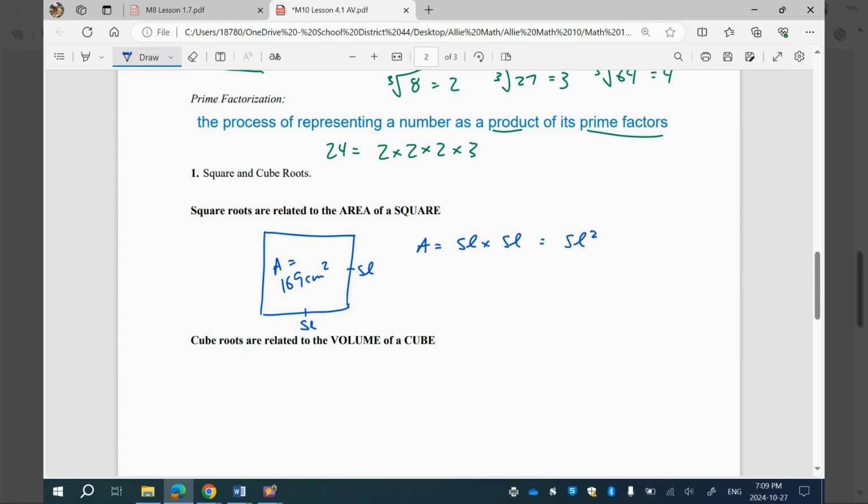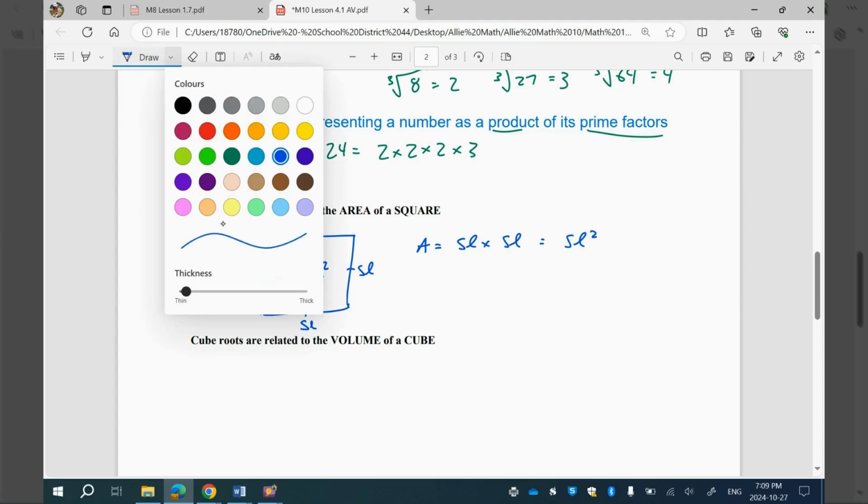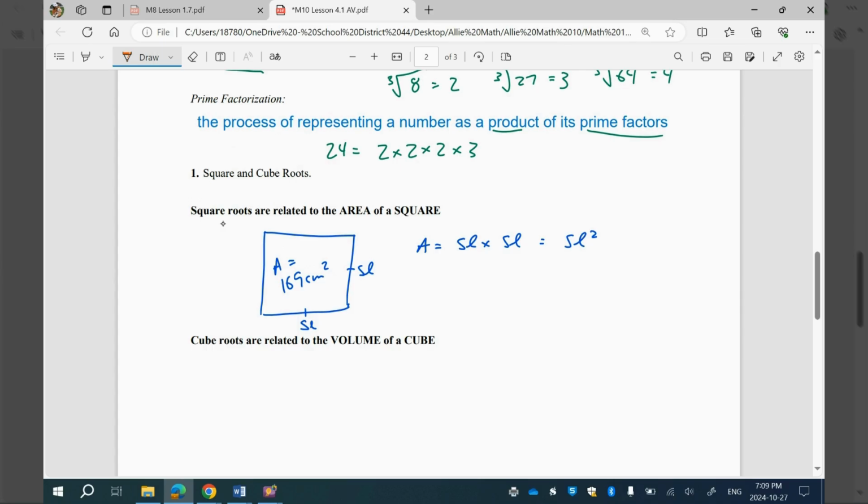Remember our inverse operation. If we wanted to get rid of this squared, we would have to do the inverse of that. Remember, side length squared equals the area. If we have the area and want to get back to the side length, we need to use an inverse operation, so the square root and squaring something cancel each other out.